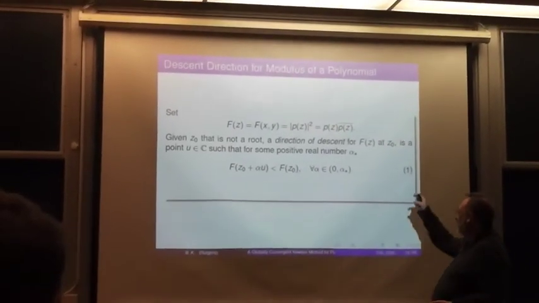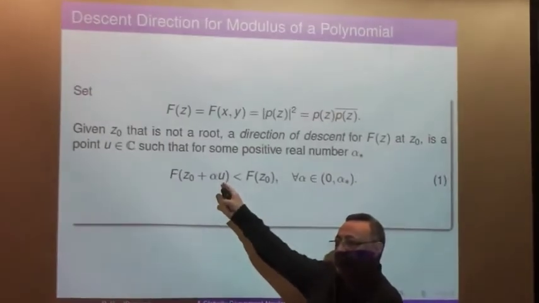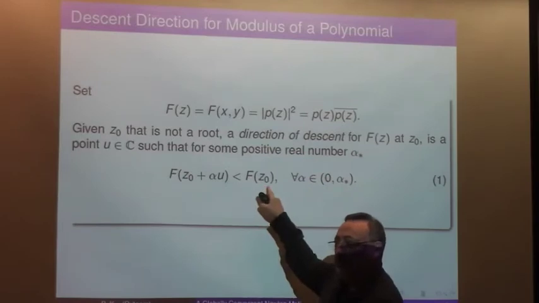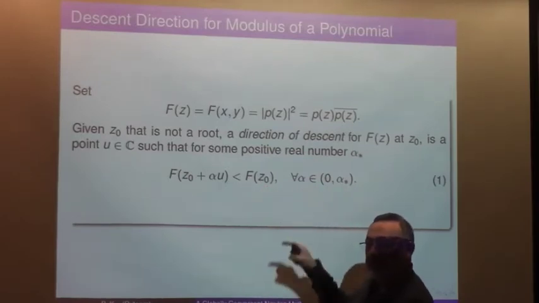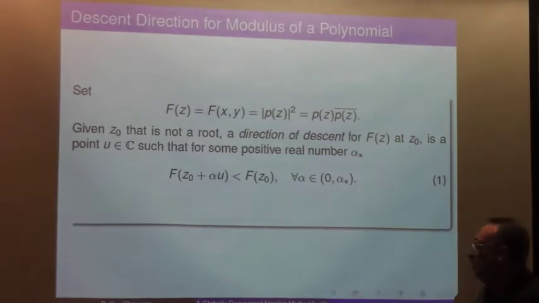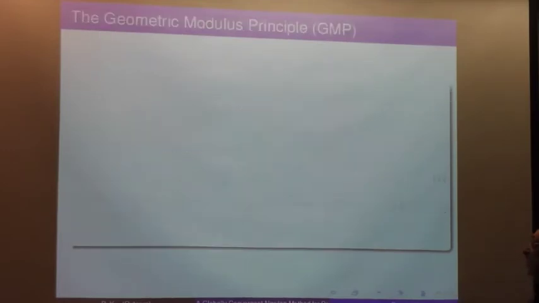We say at a given z0, u is a direction of descent if there is some alpha star so that this inequality is satisfied. In other words, it just goes down for a certain length. Now, the cone of descent at z0 is the set of all such directions. The question is, what do they look like?